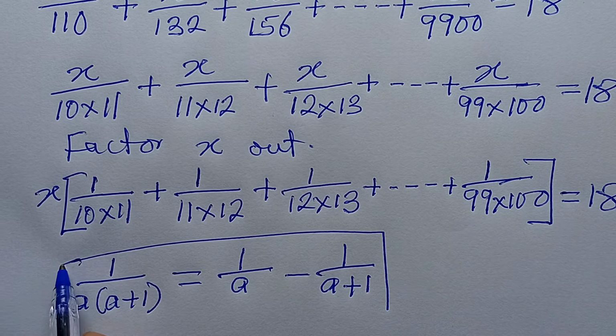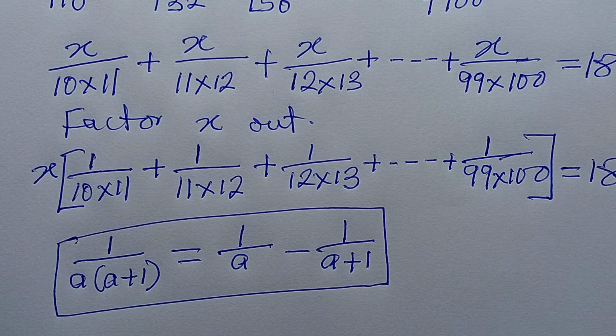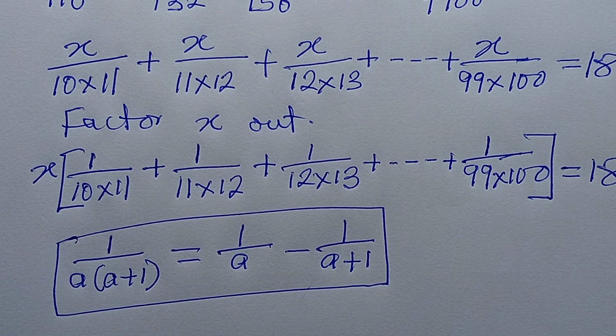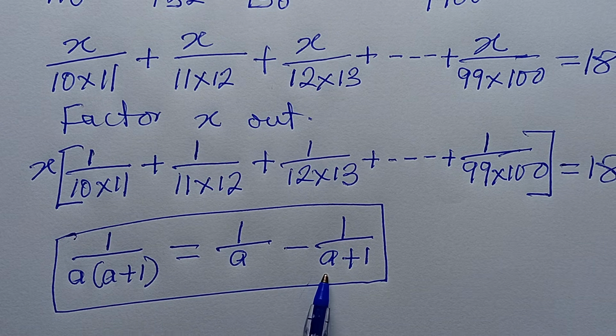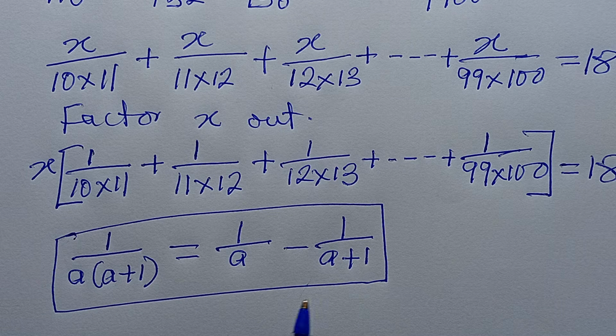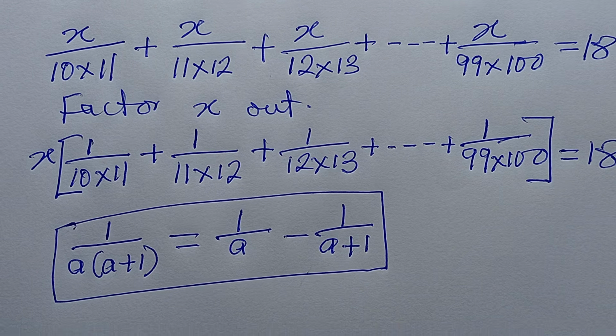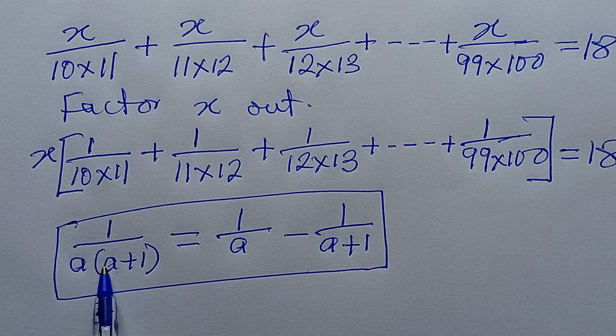Wow, look at this. This expression we have here is the same thing as this. We can go ahead to prove it. The LCM of this and this is what? a times a plus 1, right? Good. In fact, let's just factor this out if it will give us this thing.